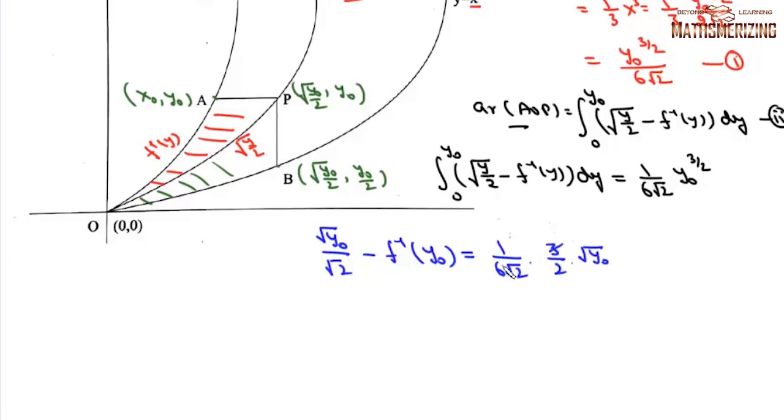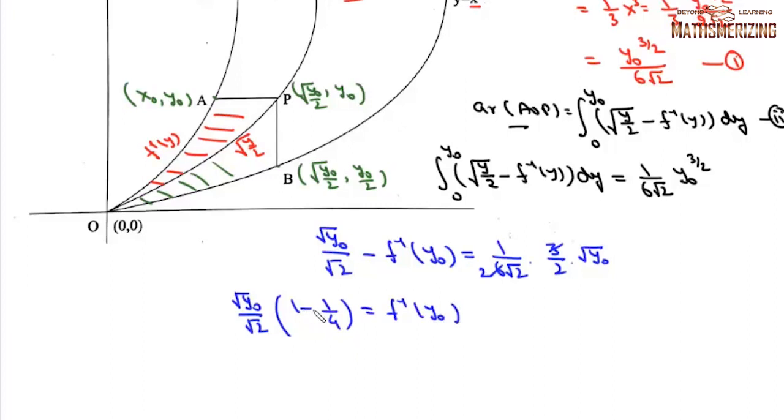Now here 3 and 6 will cancel. So it will be 1 upon 4 root 2. So we can write this as square root of y naught upon root 2, and here will be 1 minus 1 by 4, and it is equal to f inverse of y naught.